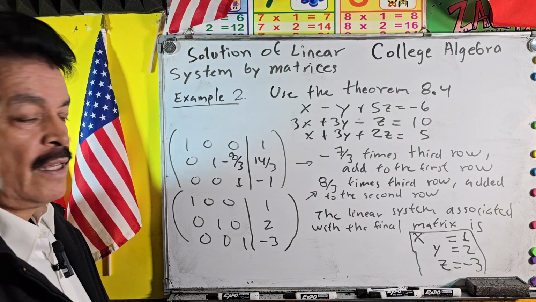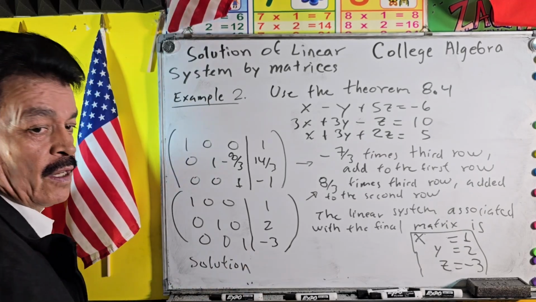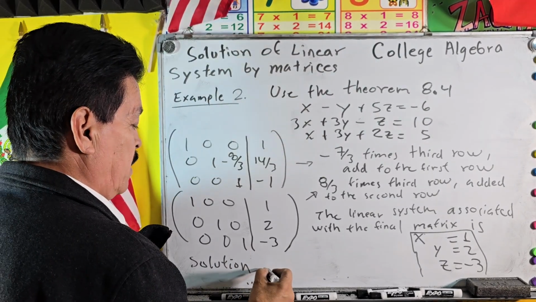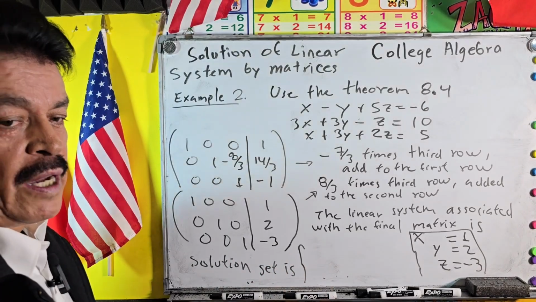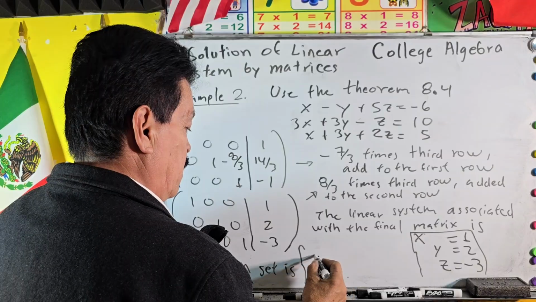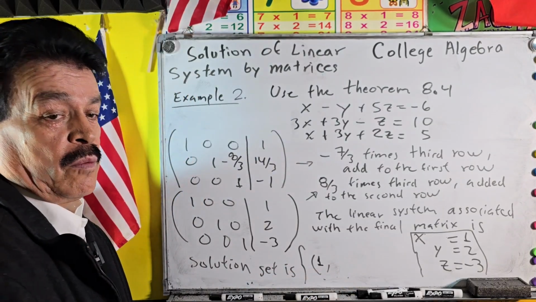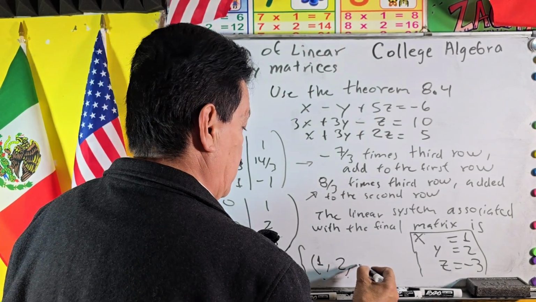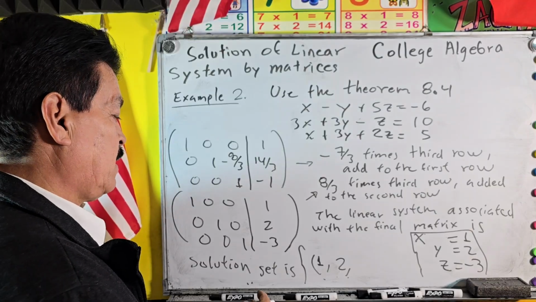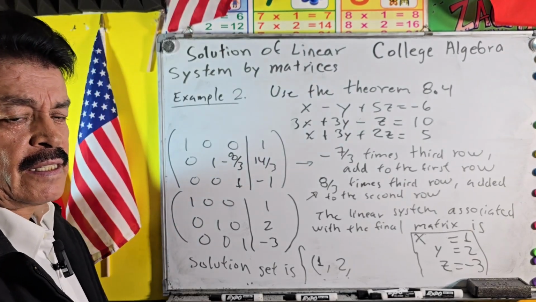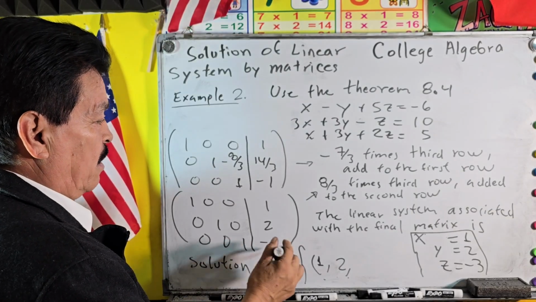the solution set is, just write it, 1, 1, comma 2, comma, and negative, no, z is, let's see, what is it? z equals, here is 1, negative 1.